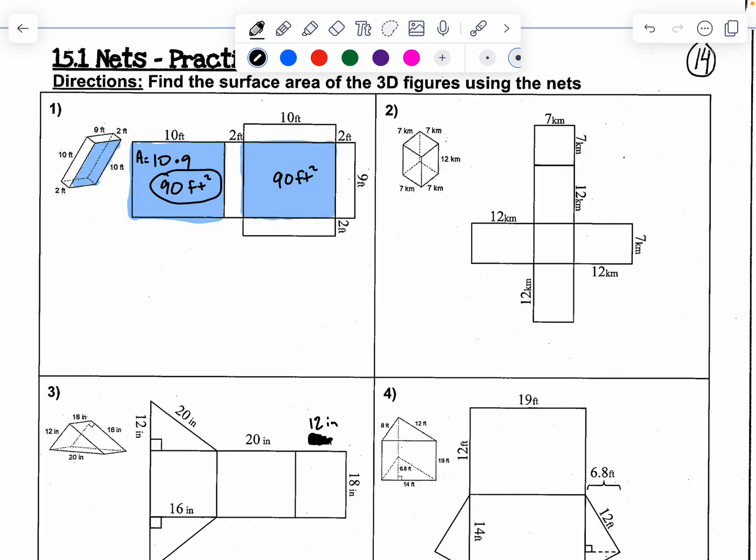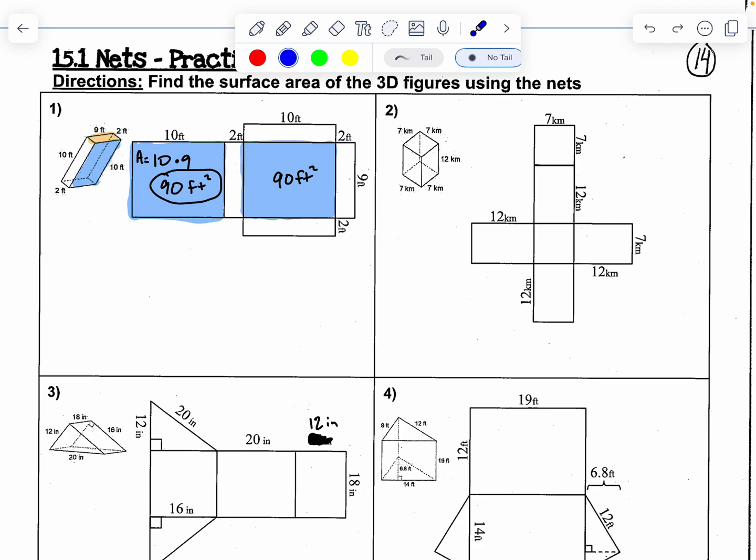So that's the front and the back. Let's do the top and bottom, shall we? So this I would call the top, and there's also the bottom back there. The top and bottom are 9 feet across and 2 feet. So 9 by 2, that would be these pieces right here.